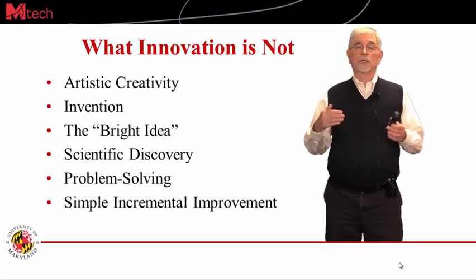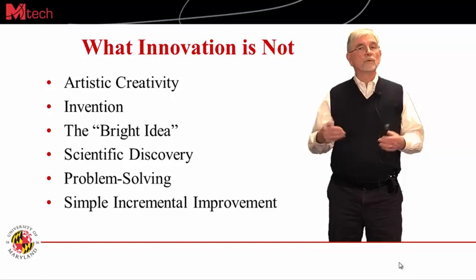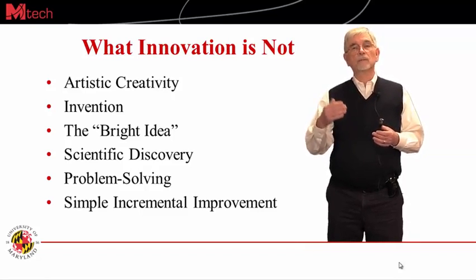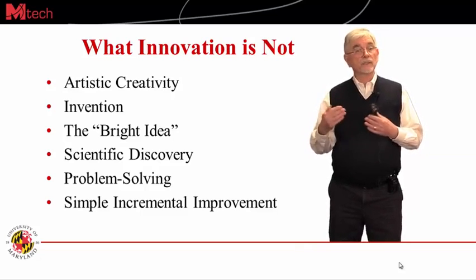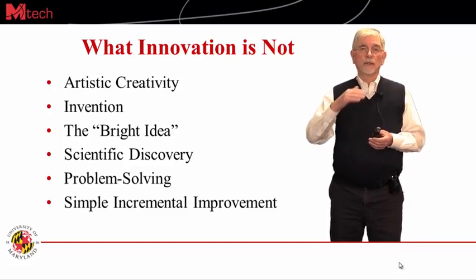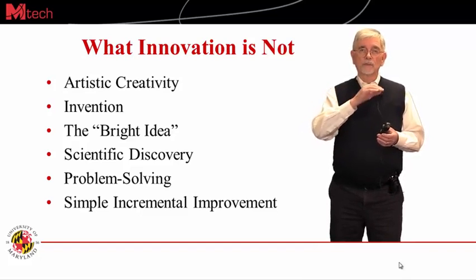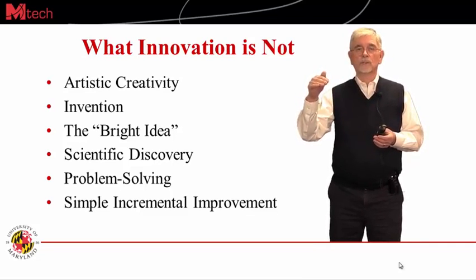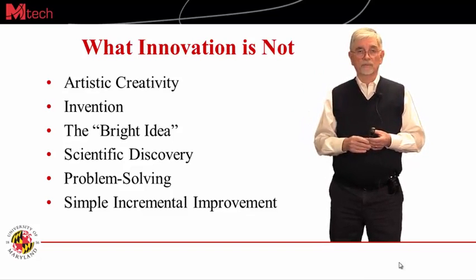Innovation is not just a bright idea. We all have good ideas. But if we don't do something with those ideas, if we don't take them to the next step, they're not going to result in innovation. Innovation is not just problem solving. Problem solving could help fix something but not necessarily improve it. But what innovation does is it solves a problem and improves the way in which the problem was addressed prior to the problem solving effort.